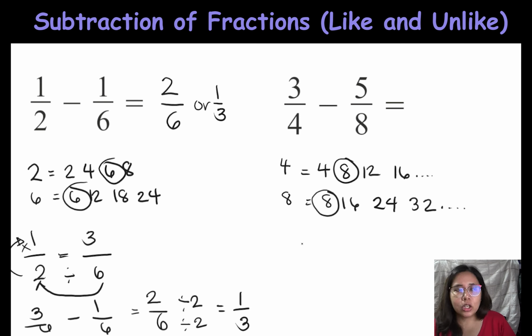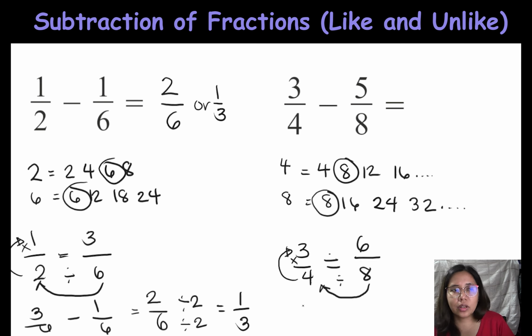Okay. So, ito na yung magiging ating denominator. Okay, so we convert 3/4. So, we have 8 as our denominator. Tapos yung 8, i-divide natin sa 4. So, 8 divided by 4 is 2. And then, times natin yan sa numerator. So, 2 times 3 is 6. Okay. So, yung second given, hindi na natin siya i-convert since yung denominator niya is already 8.